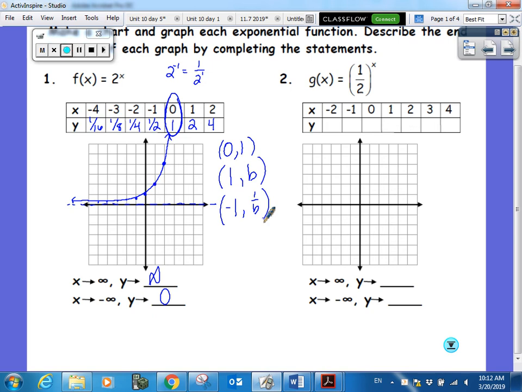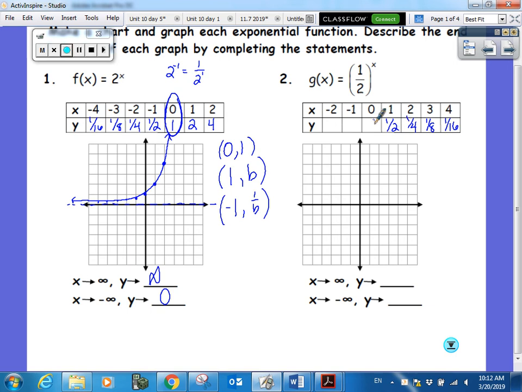Okay, all right, so here again, if we had those points, fine. We pick some x values here so we can just see what happens. If I plug in 4, 1 to the 4th is 1, 2 to the 4th is 16, so 1 over 16. 1 to the 3rd, 2 to the 3rd, so 1 over 8, 1 over 4, 1 over 2.